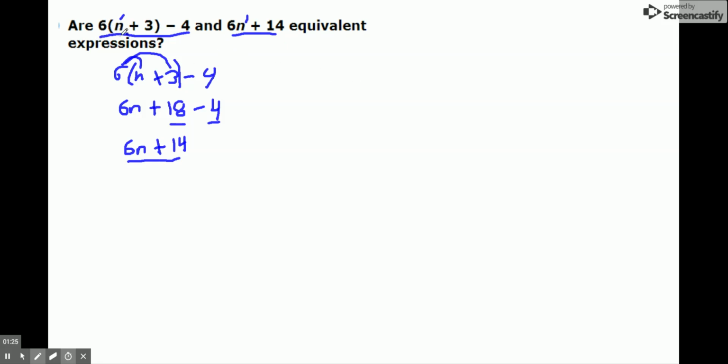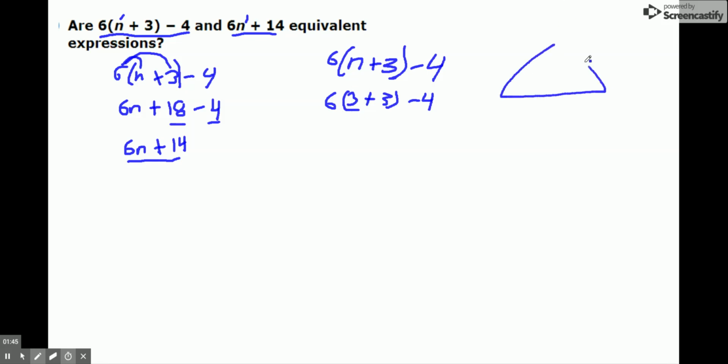So I'll come over here and I have 6 times n plus 3 minus 4, and I evaluate it when n is 3. So I'm doing 3 plus 3 minus 4, but first I have to multiply by 6. The order of operations states that you'll do your parentheses first, then you'll multiply and divide, and then you'll add and subtract.